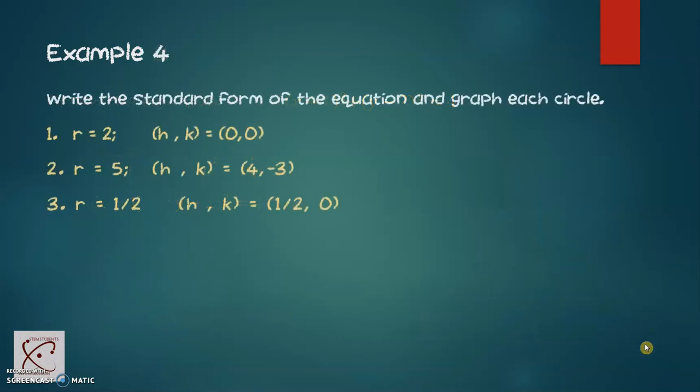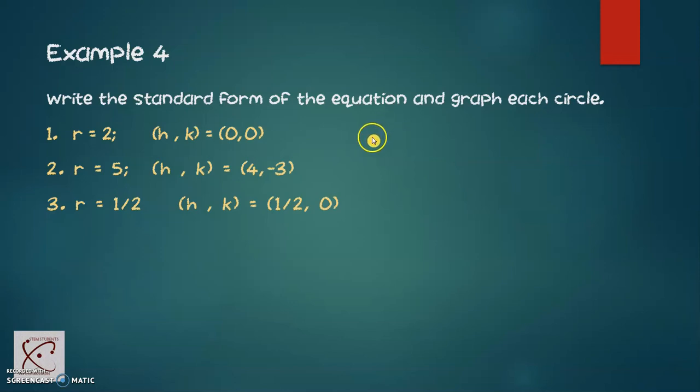For example number 4, write the standard form of the equation and graph each circle. So, first, we will find the standard form equation of these three givens. So, number 1, r is equal to 2, and then h, k is 0, 0. So, this means our center is at the origin.